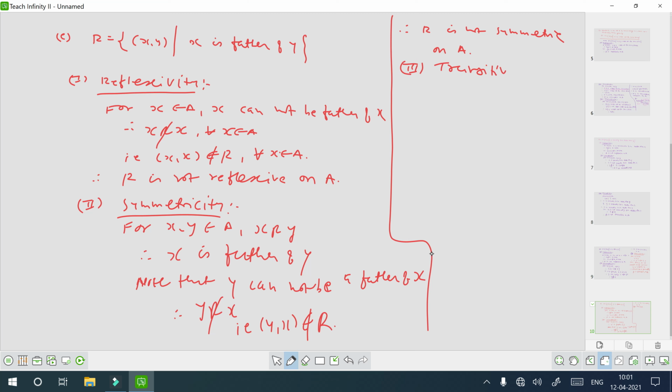Transitivity. For x, y, z belonging to A, x R y and y R z. That is possible. x is a father of y and y is a father of z. That thing is possible. Then we have to check whether x R z or not.